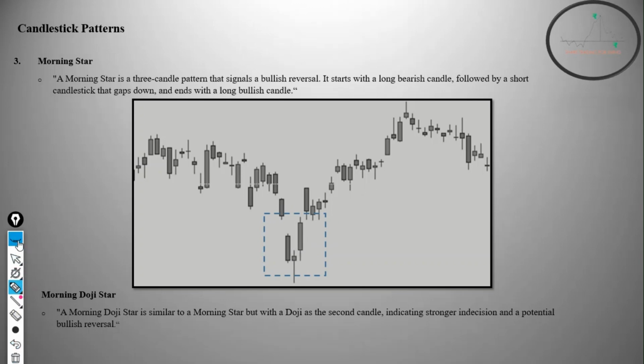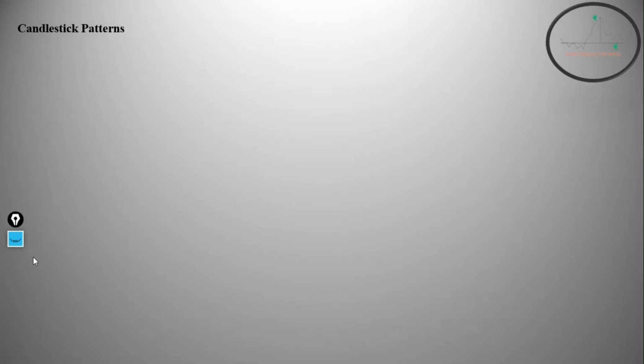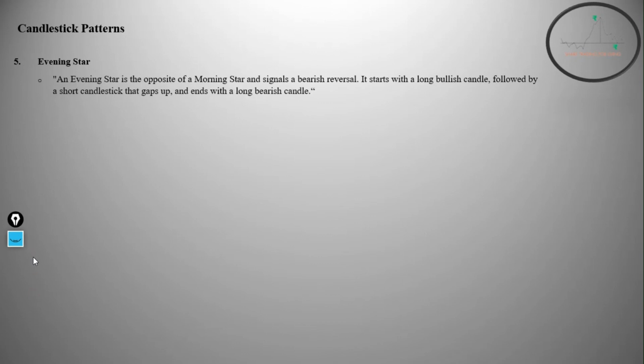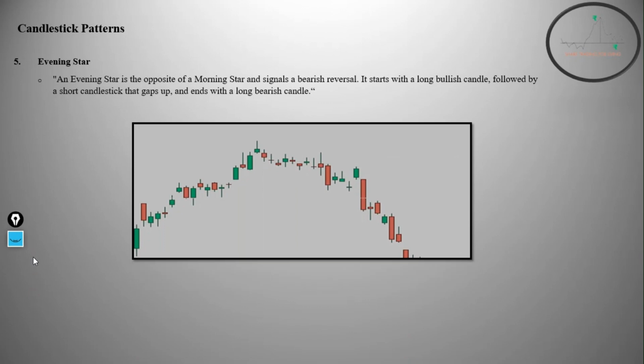So let's move to the next pattern. The next pattern is the opposite of morning star. This is evening star. Again, it is a combination of three candles and it shows a trend reversal.